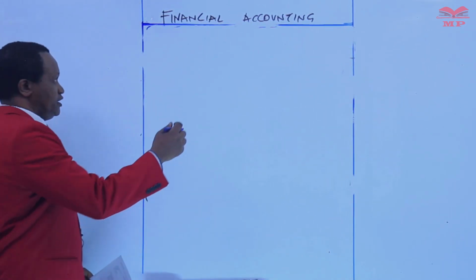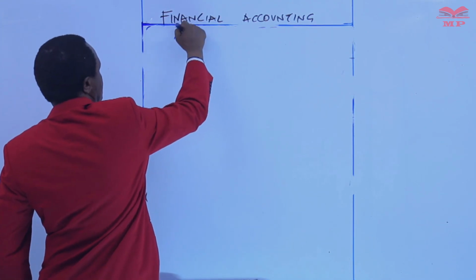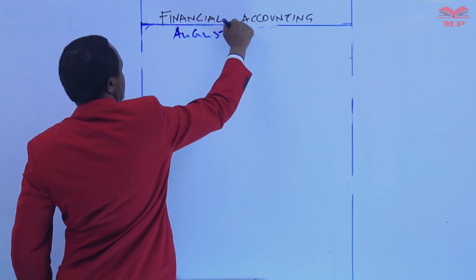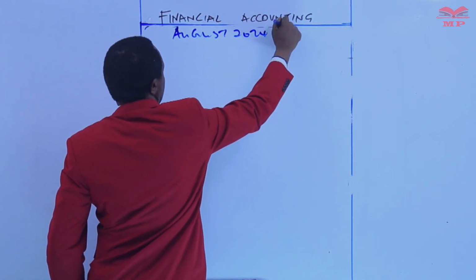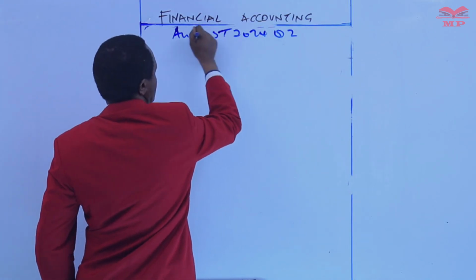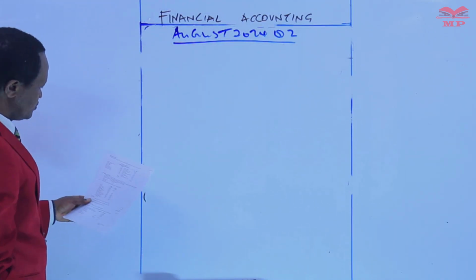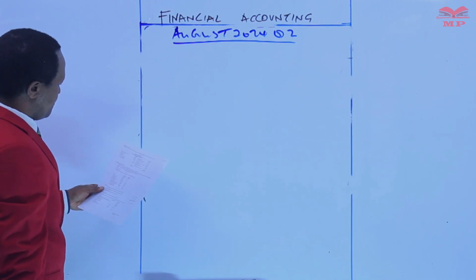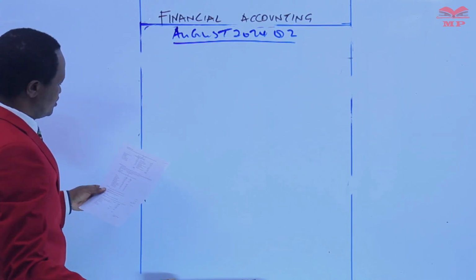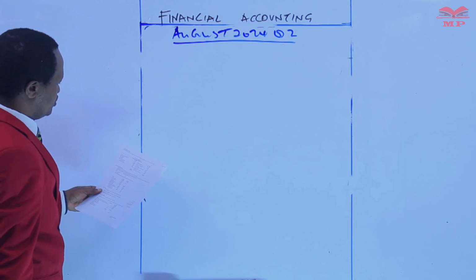The question is August 2024, question 2. Bar statement of profit or loss.